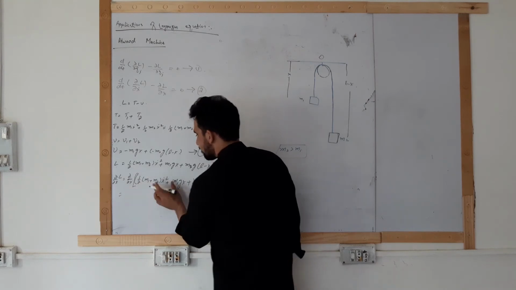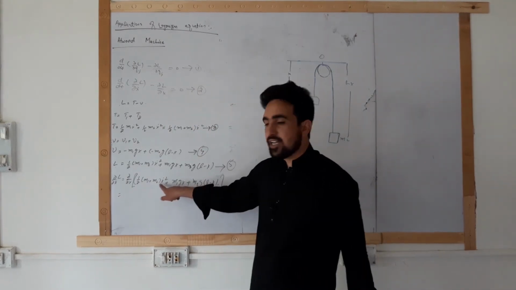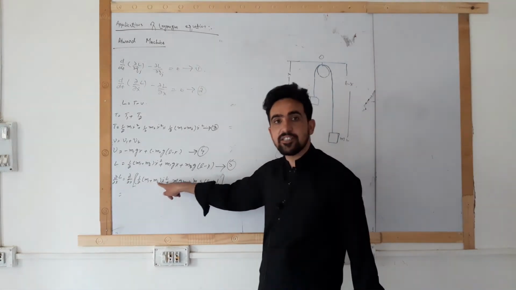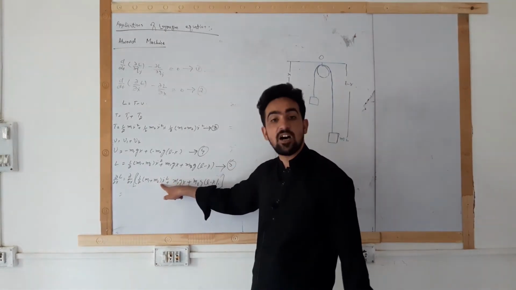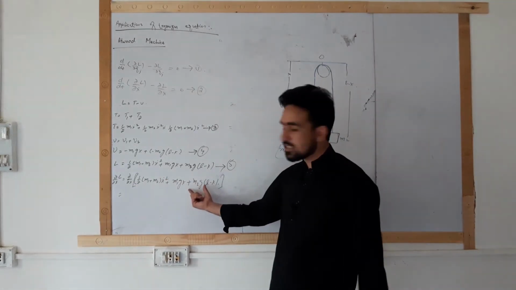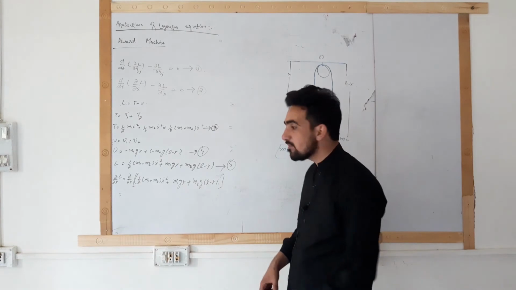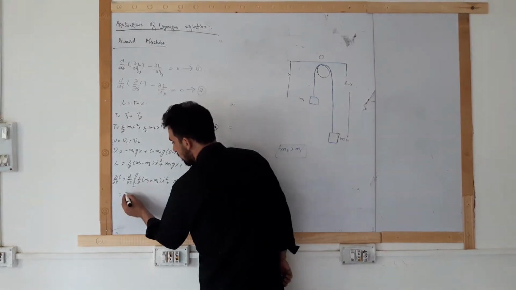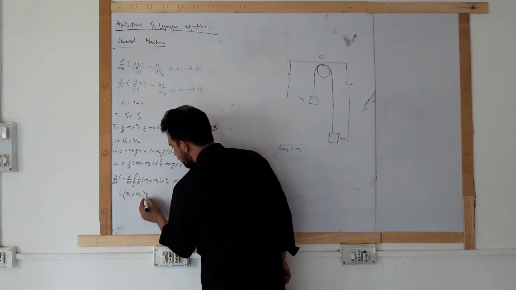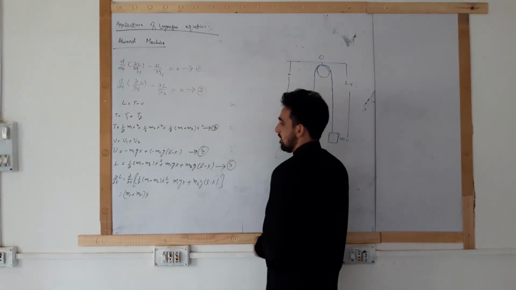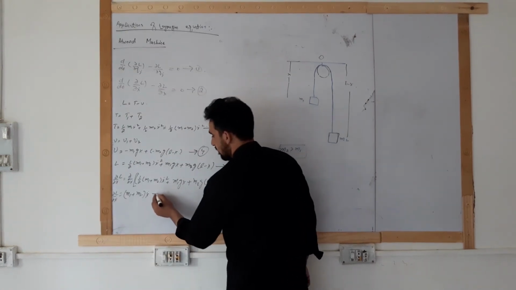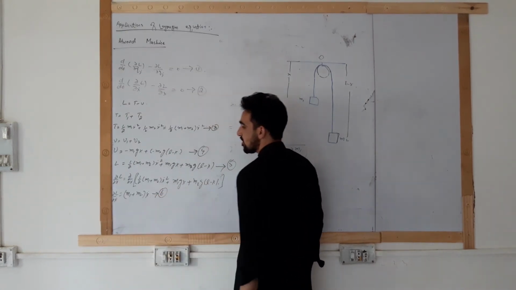The only term that involves x dot is the first term, that is the kinetic energy term. The derivative with respect to x dot of the rest of the terms becomes 0. So we will have M1 plus M2 times x dot as partial L by partial x dot. Let us call this our equation number 6.